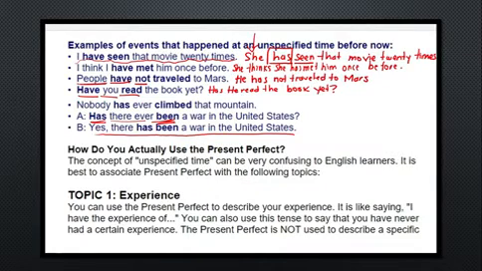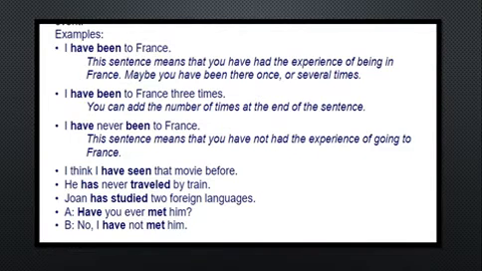You can also use this tense to say that you have never had a certain experience. The present perfect is not used to describe a specific situation or a specific story. Example: I have been to France.